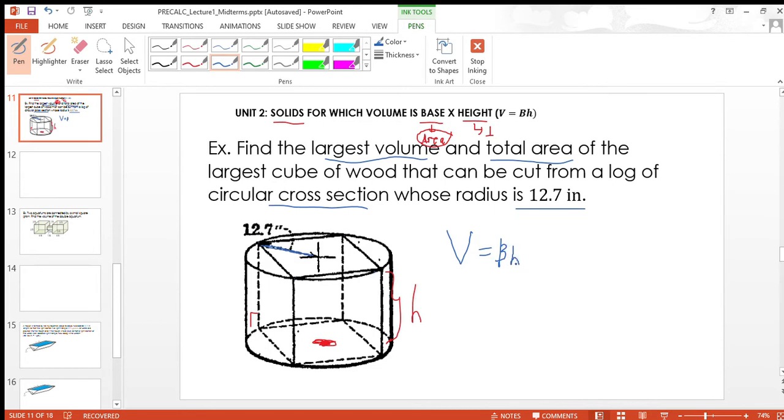So if we want now to get first the volume, according to the formula, the volume is base times height. Okay. So if this is a cube, it's a fact that these are the edges. Right?